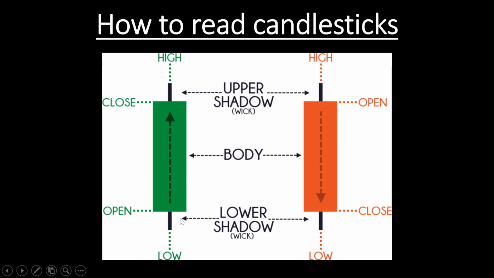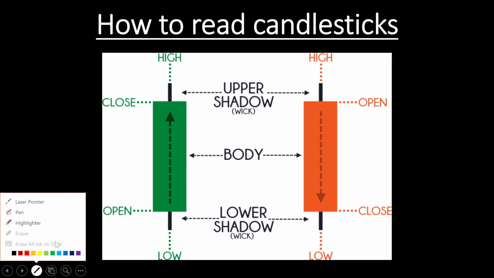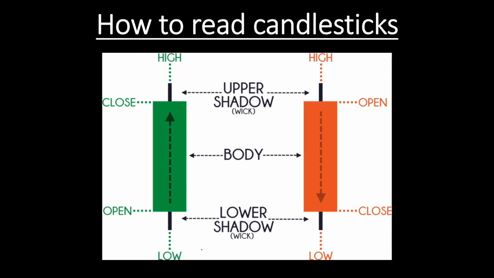So the very basic way to read a candlestick is that when we see a candlestick like this, it represents kind of like a story. When it's a green candlestick like this, it means that the price opened at the bottom of the range of the candle here. So let's say at that price it was €5. Price then made a high of this point here, the highest point on the candle, and let's say that was €12.